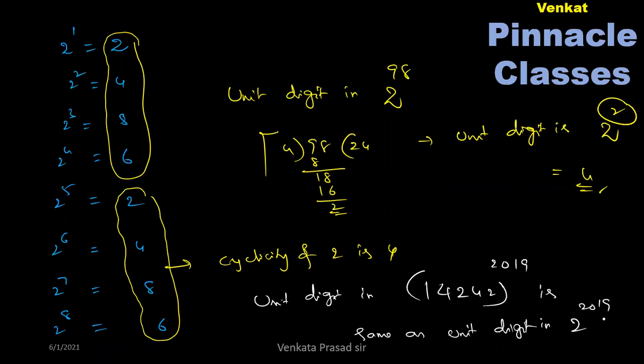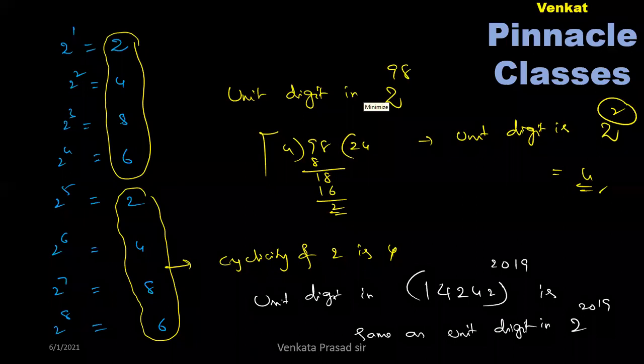The unit digit is the same, but how to find it? So this 2019 divided by 4, what is the remainder? Tell me anyone. Anyone? 504.5, sir. I'm asking the remainder.